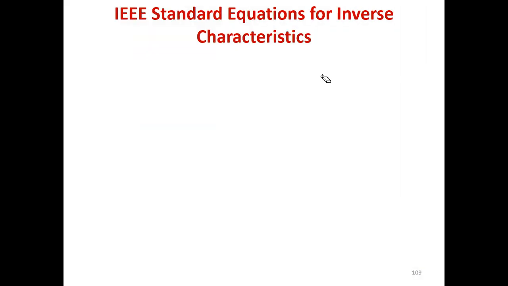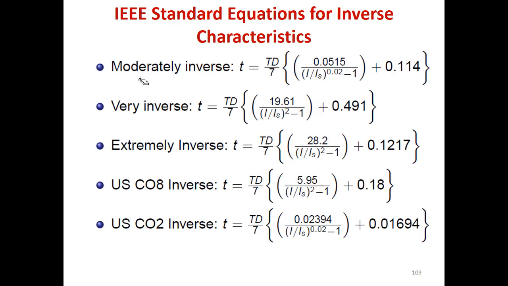Another type of standard we see is the IEEE standard equations for inverse characteristics. There are a lot of IEEE standards. First one is the moderately inverse standard, where the operating time is given by TD, that is time delay, by 7.0515.